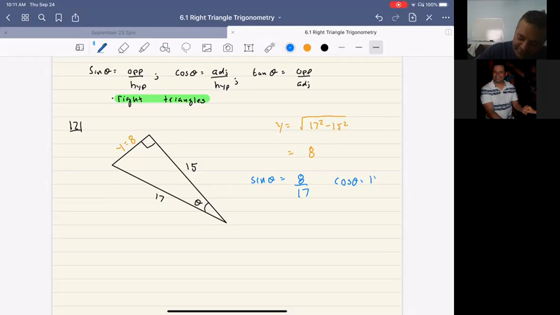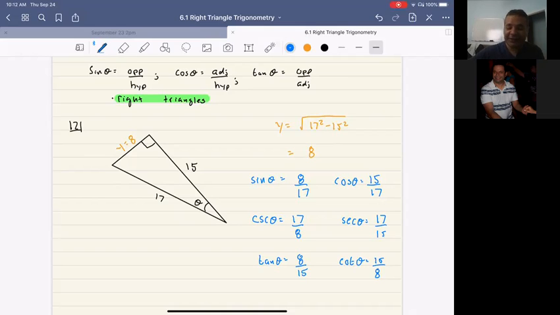The reciprocal of sine is cosecant of theta, so cosecant of theta is 17 over 8. Secant of theta, the reciprocal of cosine, is 17 over 15. Tangent of theta, 8 over 15. Cotangent theta, 15 over 8. That's it for number 12.